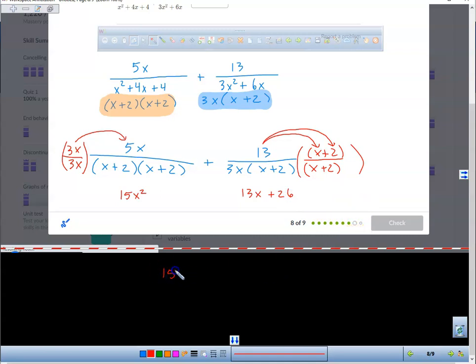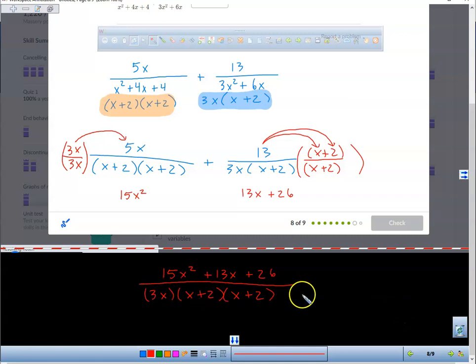Okay, so here's what we got. We have 15x squared plus 13x plus 26 all over a 3x and x plus 2 and another x plus 2.